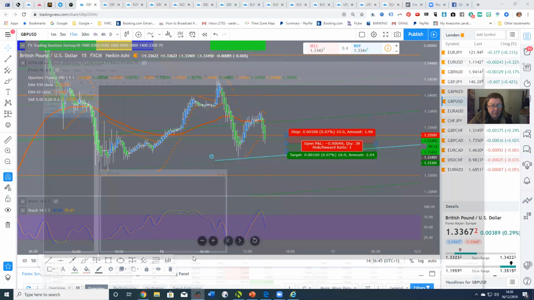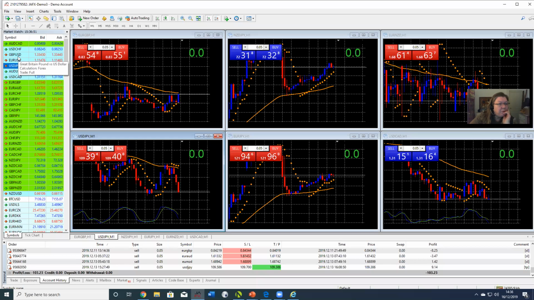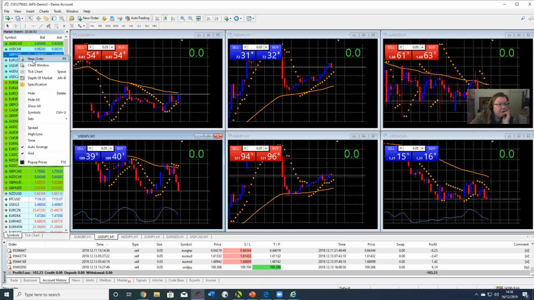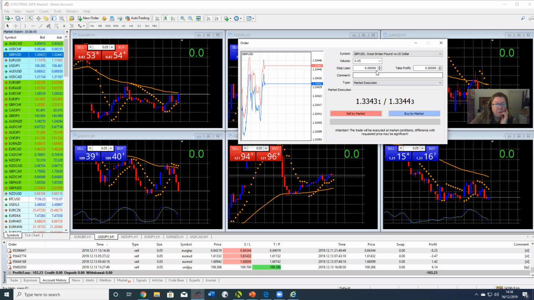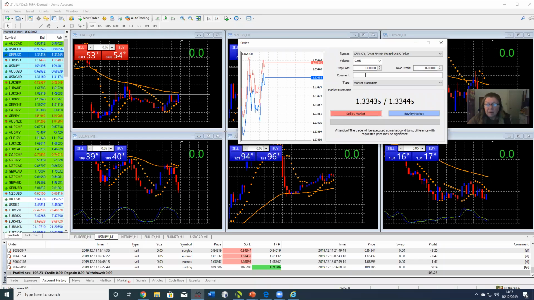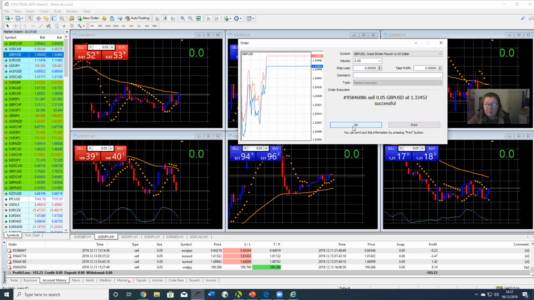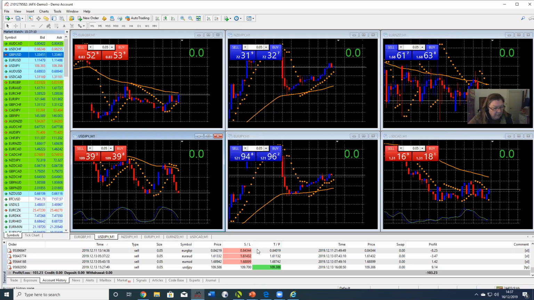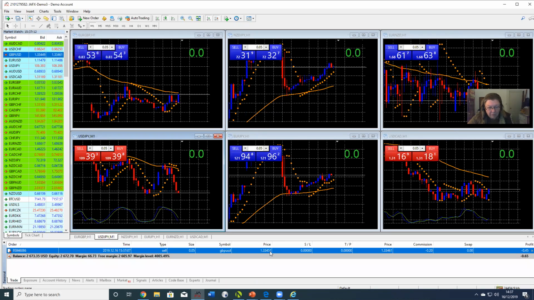Let me go to my JFEX, GBP USD, new order. I'll leave it at 0.05. I just tend to do my demo on that. And I'll put my stop loss in a minute. Sell. Let's see what the price is coming in at. 1.33452.